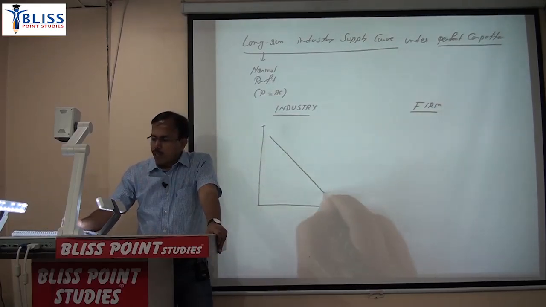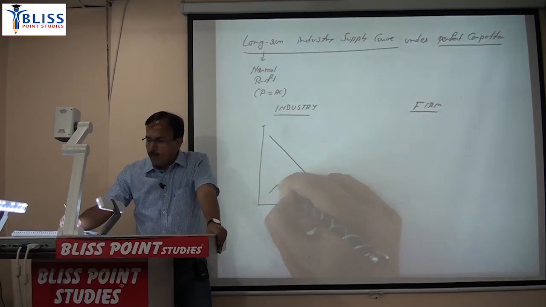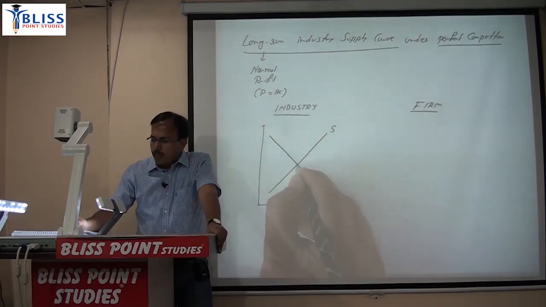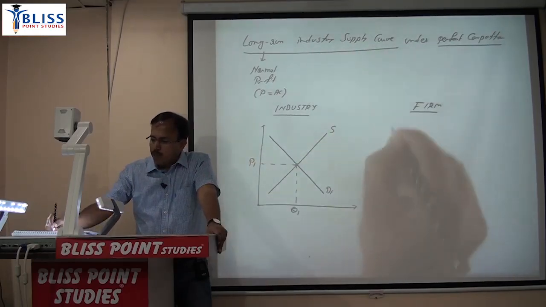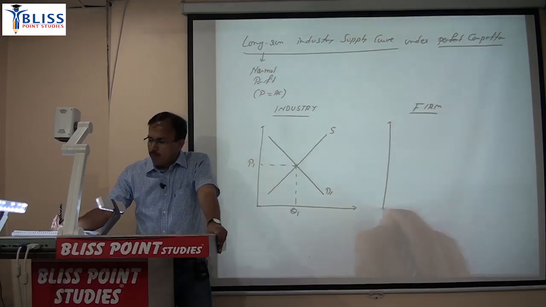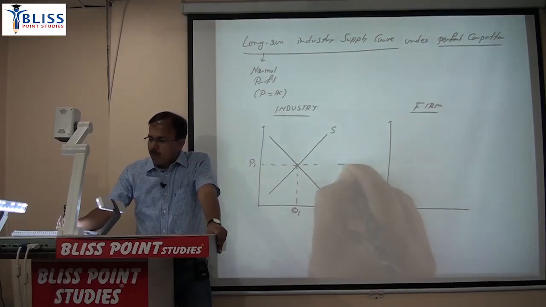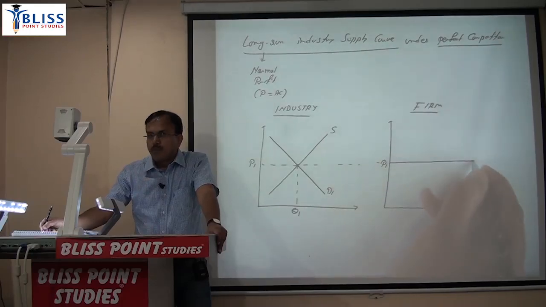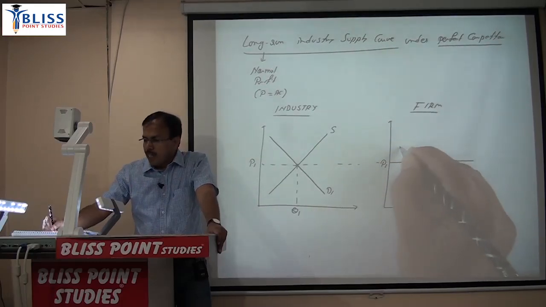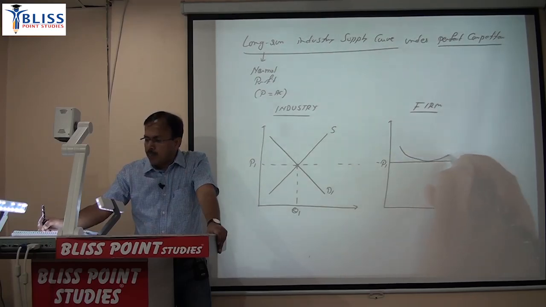So when I draw one demand curve and supply curve, this is the quantity supplied at price P1, that price will remain same for all firms, and because you have to show normal profit, so average cost must be just tangent here, and from that minimum point you can draw MC.